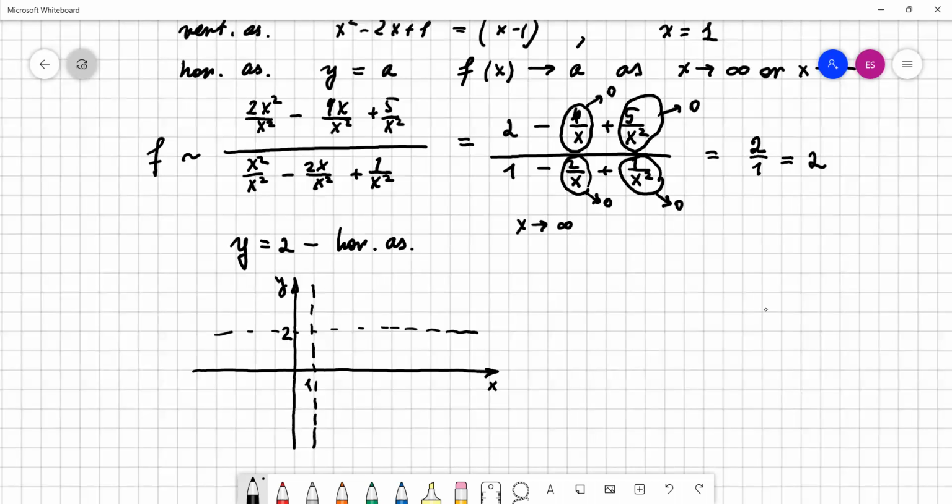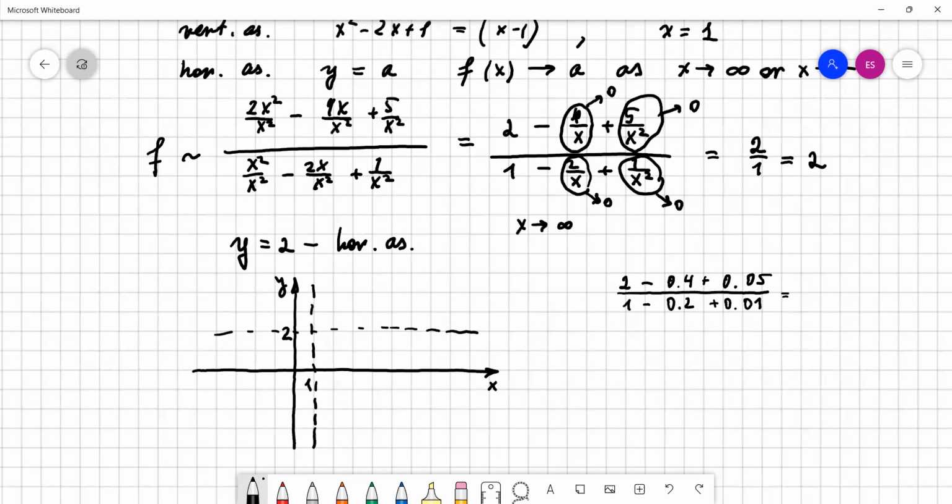Well, I don't know. I'm going to plug in maybe 10. So it's 2 minus 4 over 10, which is 0.4, plus 5 over 100, which is 0.05, right? Sorry, I mean this. And here, 1 minus 0.2 plus 0.01.